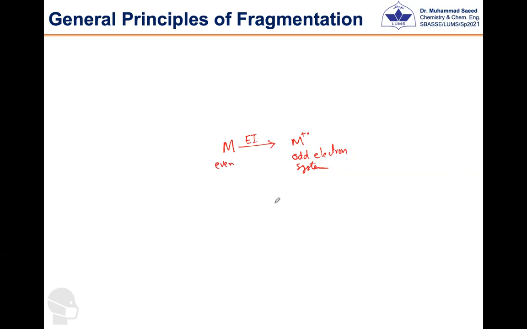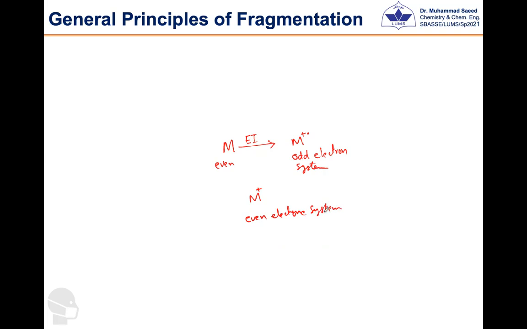Some ions can become even electron systems after losing the free radical or the lone electron. They are normally represented with a plus charge without any dot on it, and we call them even electron systems.